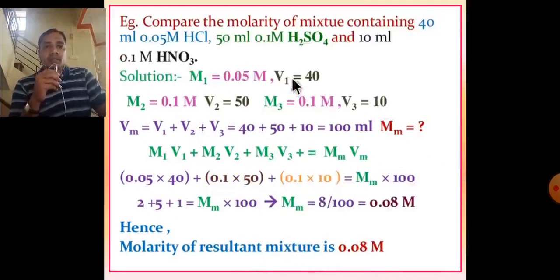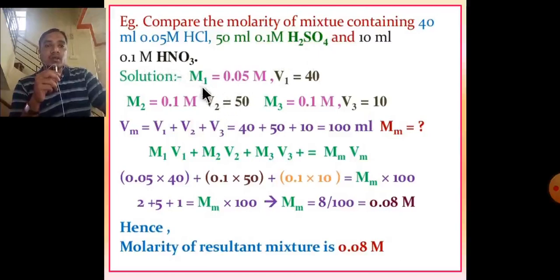Then a second similar example, on the molarity of a mixture of components. Calculate the molarity of a mixture containing 40 ml of 0.05 molar HCl, 50 ml of 0.1 molar H2SO4, and 10 ml of 0.1 molar HNO3.